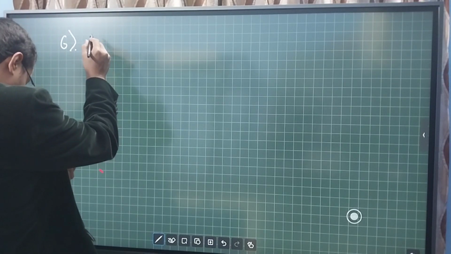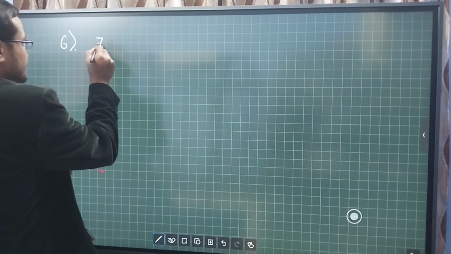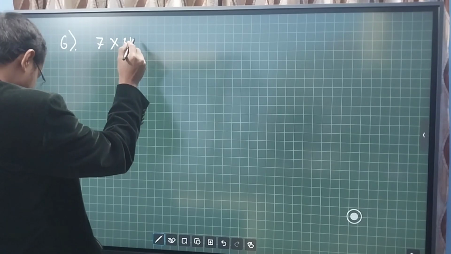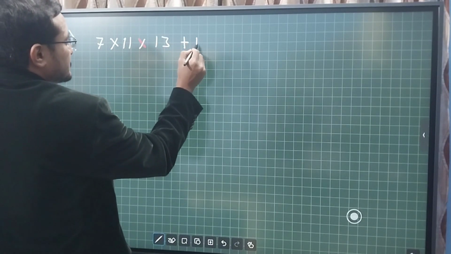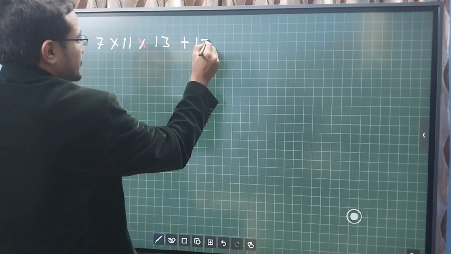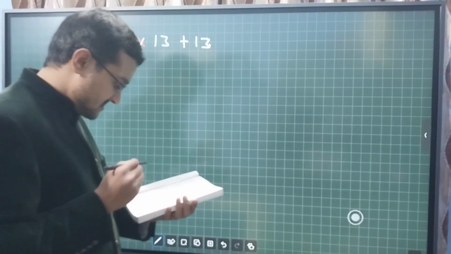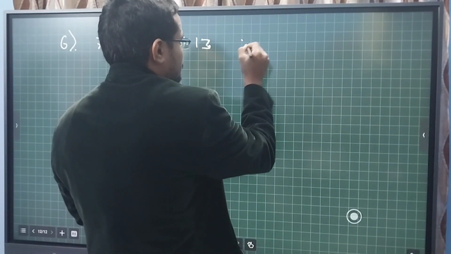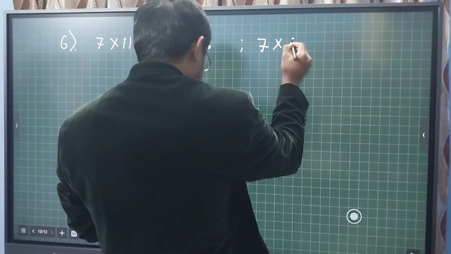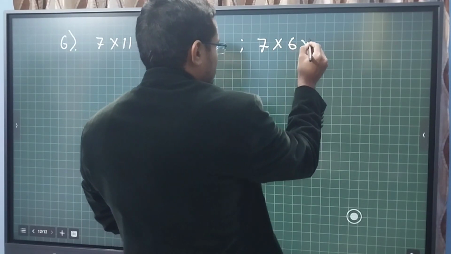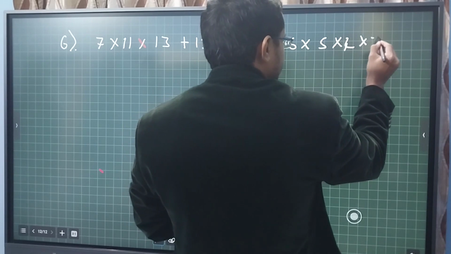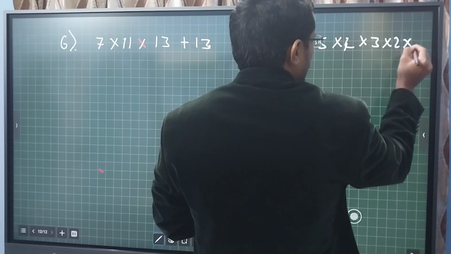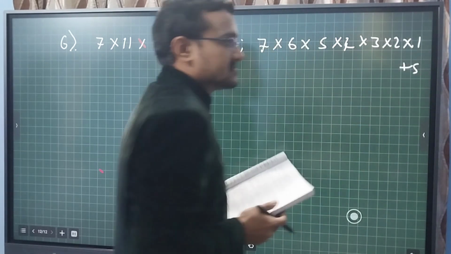So the first number which they have given is 7 into 11 into 13 plus 13. The second number is 7 into 6 into 5 into 4 into 3 into 2 into 1 plus 5.